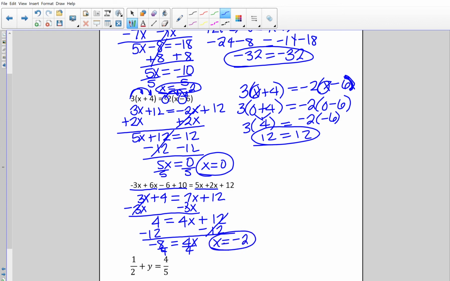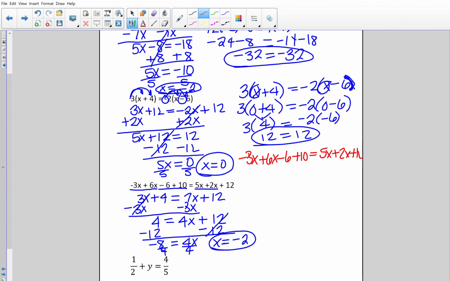Okay? So when I do my check, I'm going to start up here. I'm going to just replace all of my x's with negative 2's. So I'll change colors since it's starting to get scrambled. So I've got negative 3x plus 6x minus 6 plus 10 equals 5x plus 2x plus 12.